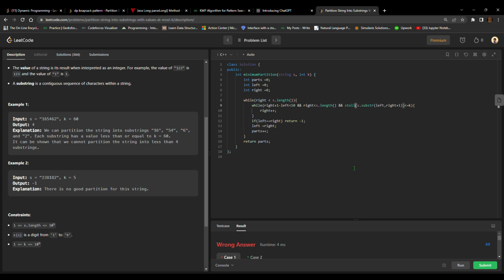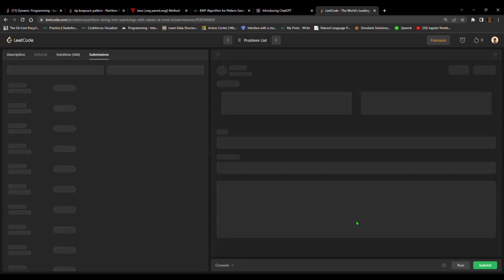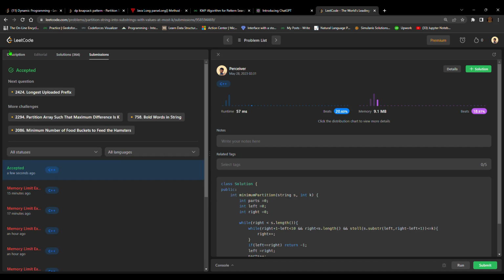I think this is where right minus left plus one is needed. I think this is where we were lacking. Yeah, that was the condition we were not satisfying. I think this will get accepted. Yeah, this is accepted.